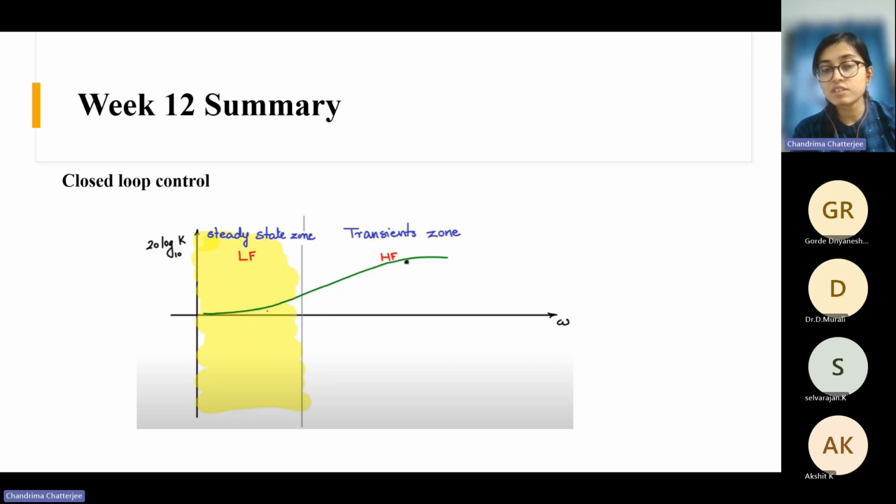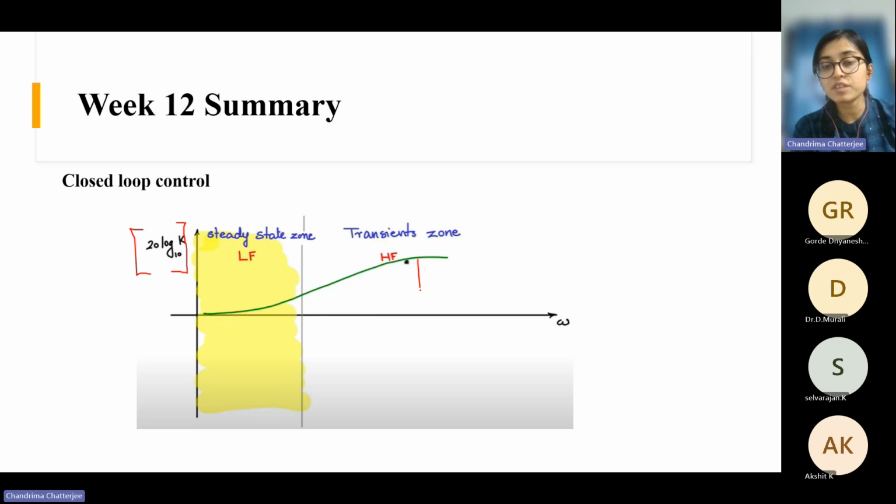It will keep on increasing, and at the high frequency region it will have a very high gain. This is expressed in logarithmic scale. This is 20 log 10 K, this is the gain, and this is the frequency in omega. So this will be the frequency response.